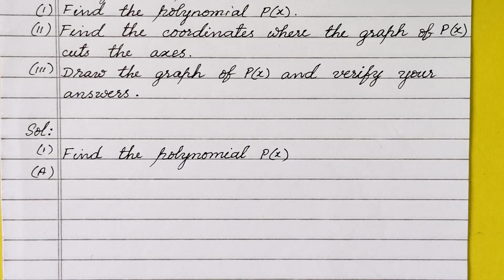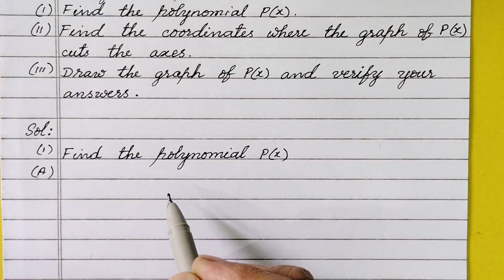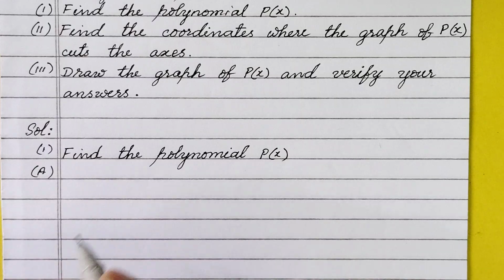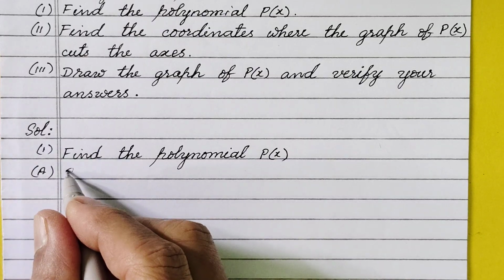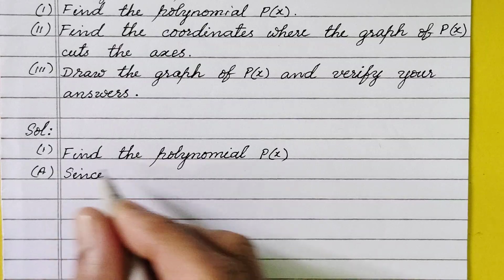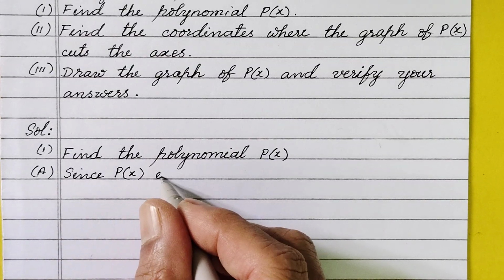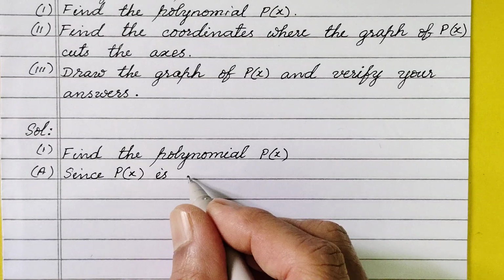Now he says the polynomial is a linear polynomial.